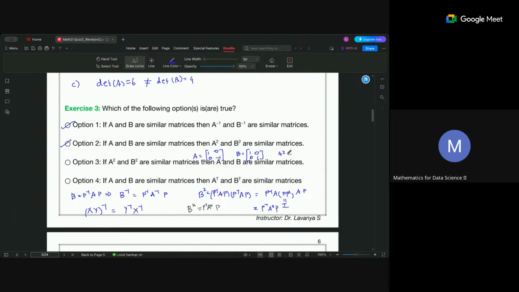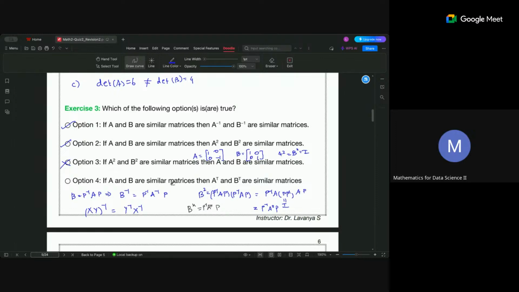So A square is equal to B square is equal to identity. So obviously A square and B square are similar, but are A and B similar? No, ma'am. Their determinant, trace, everything is different. So this is incorrect.